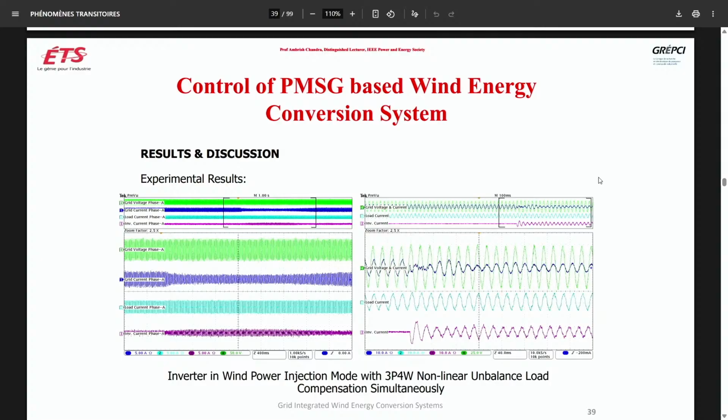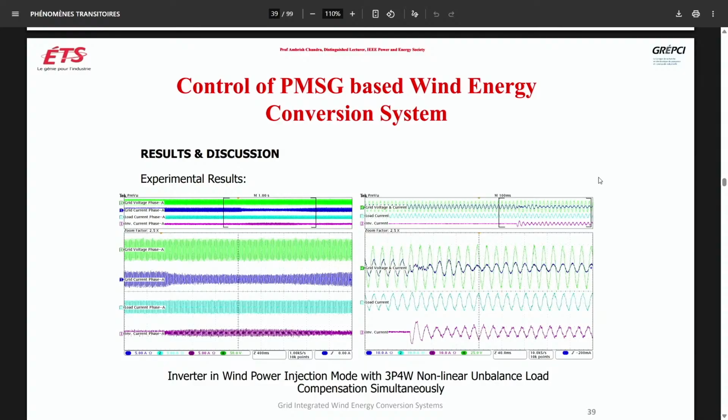This is the grid current for phase A. It is because inverter current of phase A is injecting the extra current. So that's why in this part grid current is reduced, because extra current is coming from the inverter. So the load current is constant.